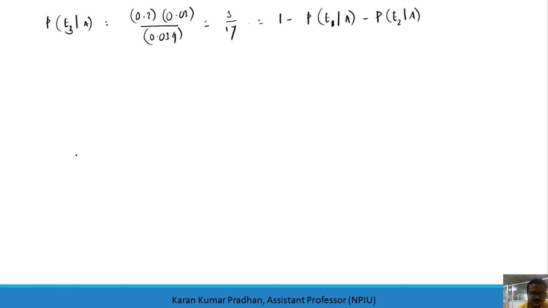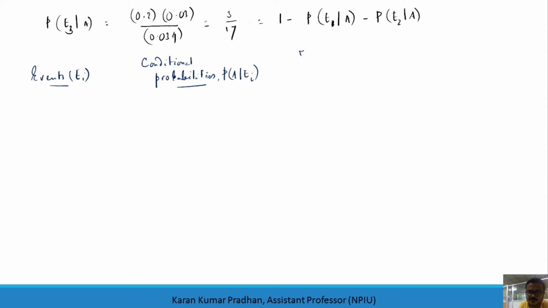Okay, so now if I prepare the tabulation for this, it will be much easier. I'll show you. So first we have the events, which are Ei, then the conditional probabilities, that means the probability that the item is defective from each of the stocks we have.